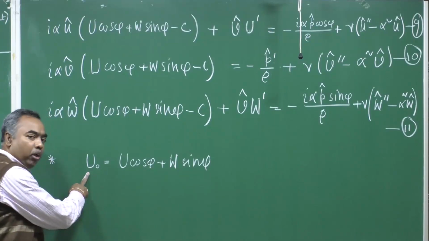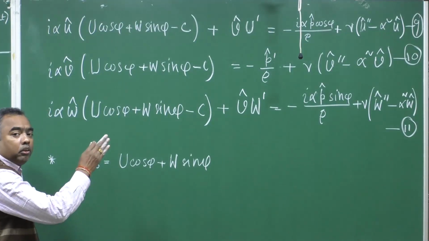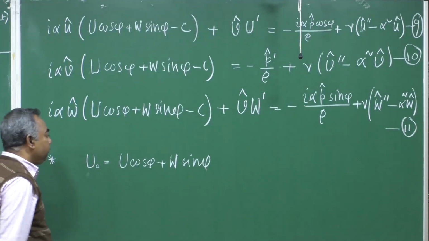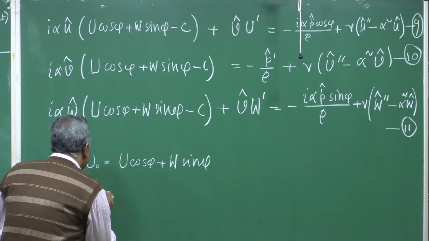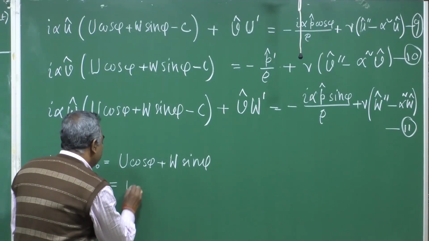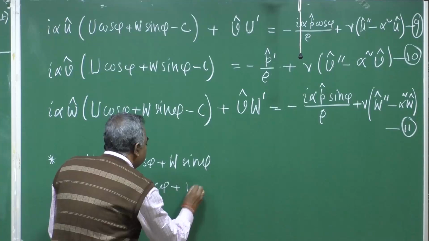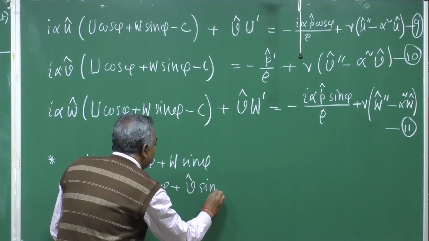So, what is u naught? U naught is the velocity along the wave vector direction. Similarly, u naught hat, let us consider this as u hat cosine phi plus v hat sin phi.